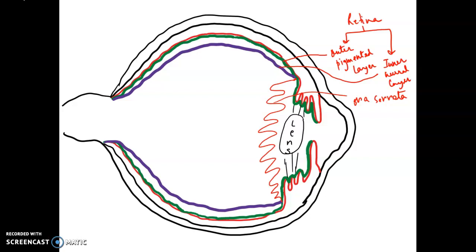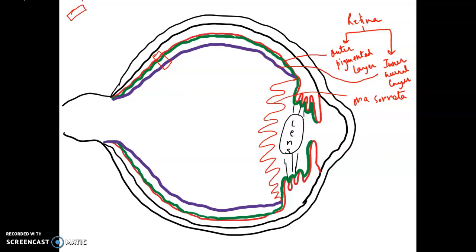Okay, now let's say we focus on this part. If we focus on this part and blow it up, you will see these things. First there will be the choroid layer, right?